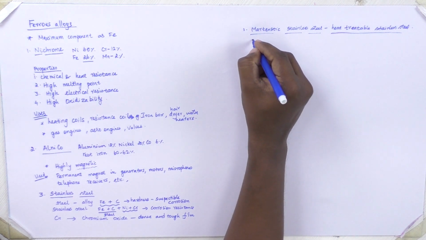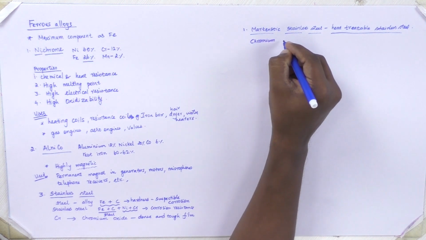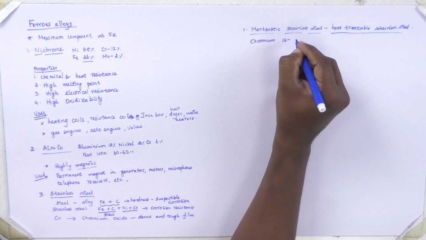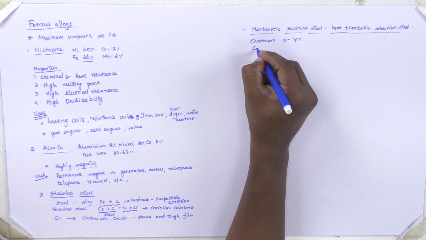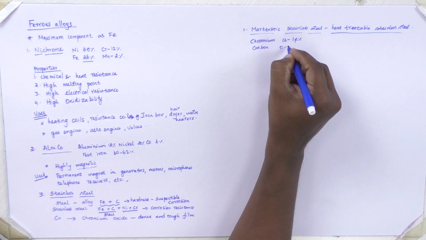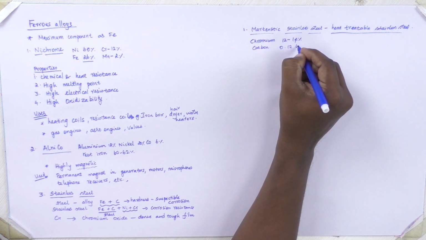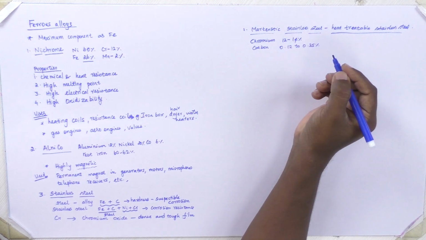It possesses chromium of 12 to 14% and carbon of 0.12 to 0.35%.